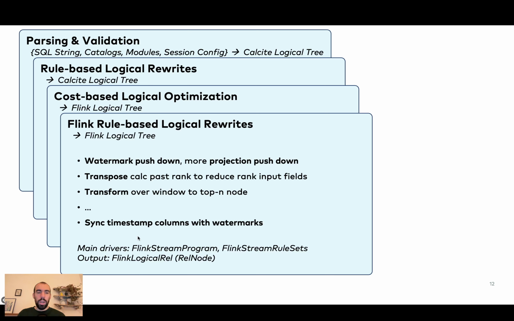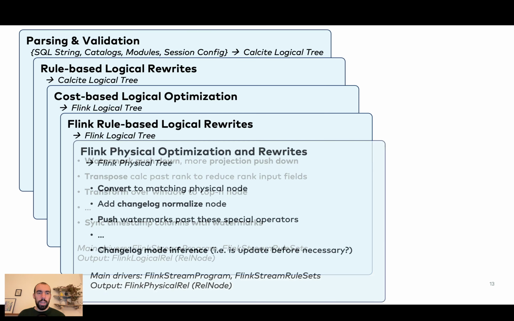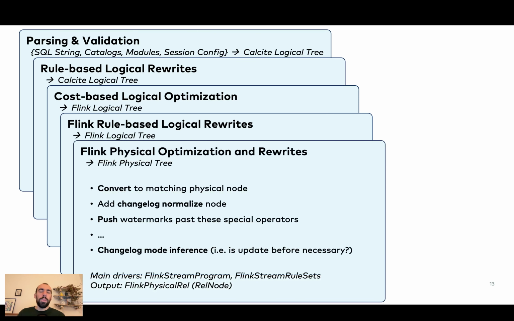And as before, the main drivers stay the same, and also the output stays the same. It's just the first stage of the Flink logical rewrites and logical phase. And same as before, we had rule-based and then cost-based, and now comes, I would say, the Flink physical optimization and rewrites.